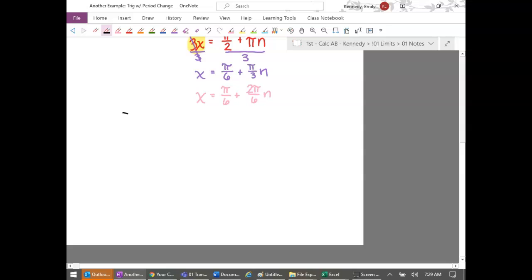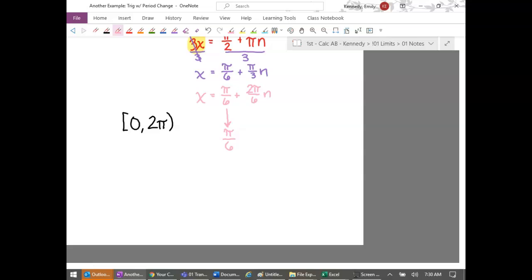So this is where that's going to play a role. And that pattern of a starting point and taking steps is going to be helpful. Because what I have in pink tells me that pi over 6 is a solution. It is a starting point. It is one discontinuity. It's a bad x.